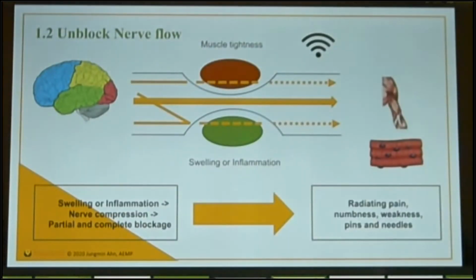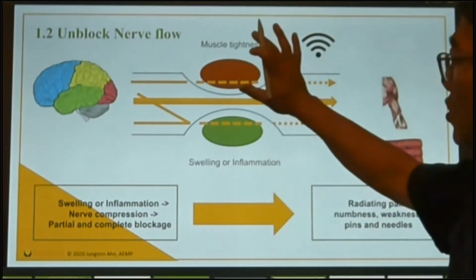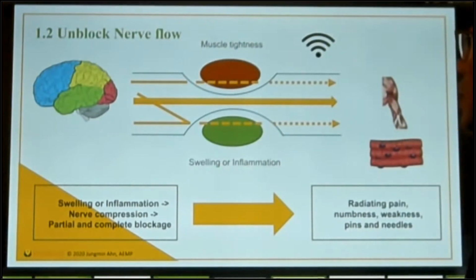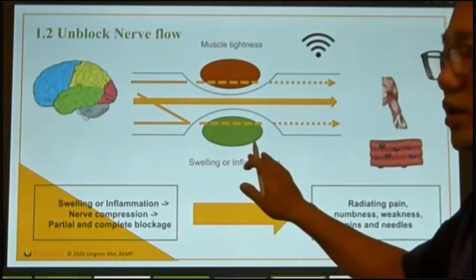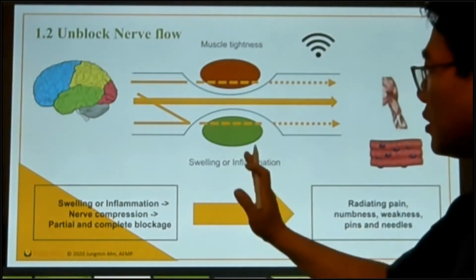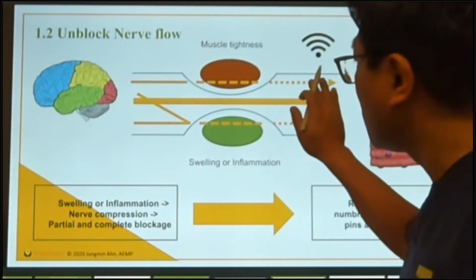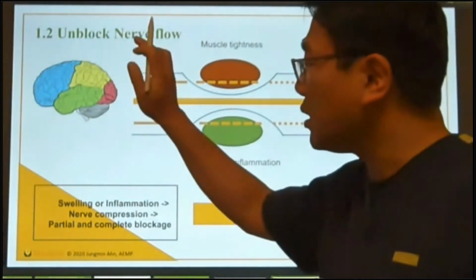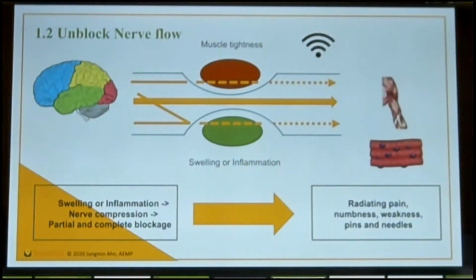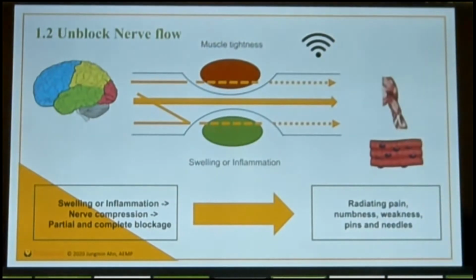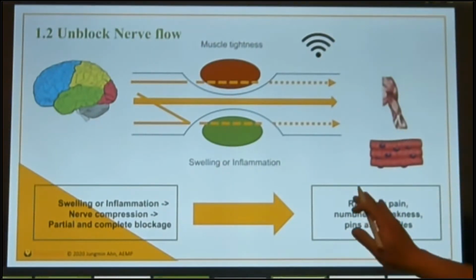And the nerve is like a wireless signal. If the nerve is blocked or pinched by muscle tightness, swelling, or inflammation, the nerve's signal can diminish or be reflected, so that a large part of the information cannot be delivered to the ending cells, creating a lot of pain.